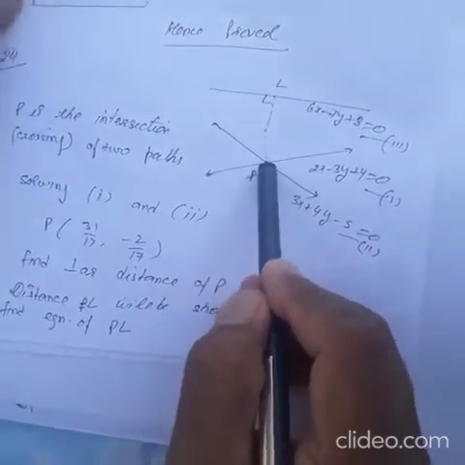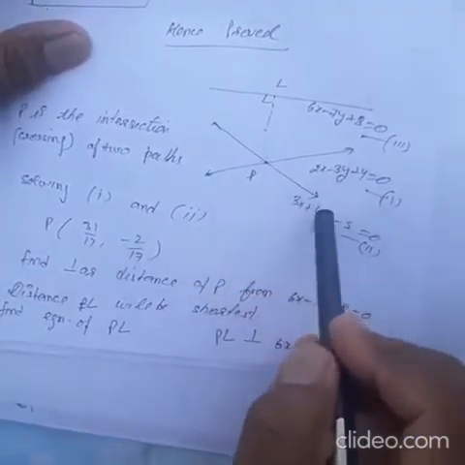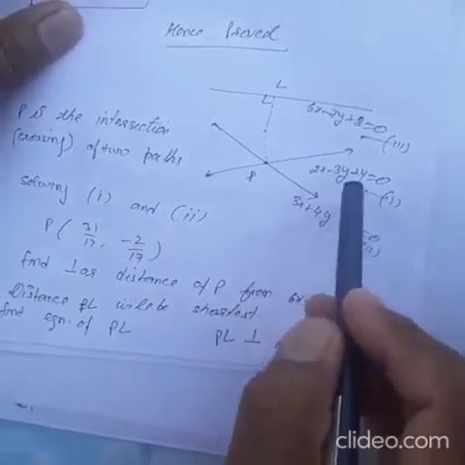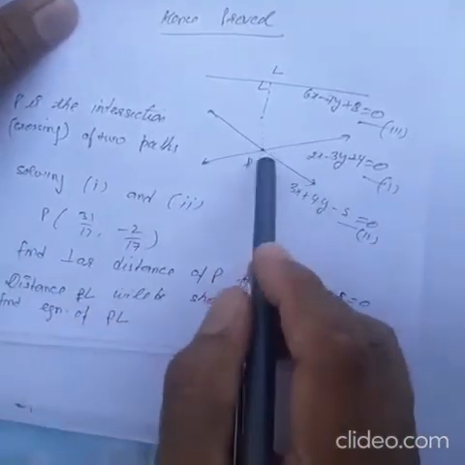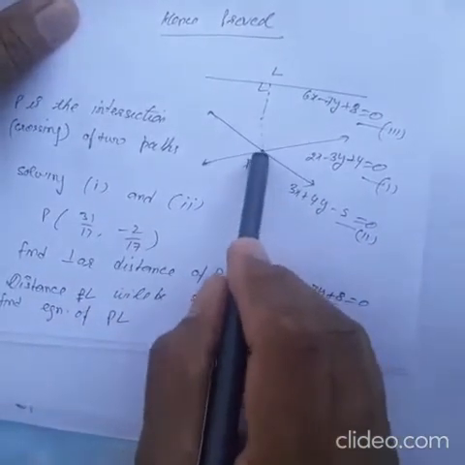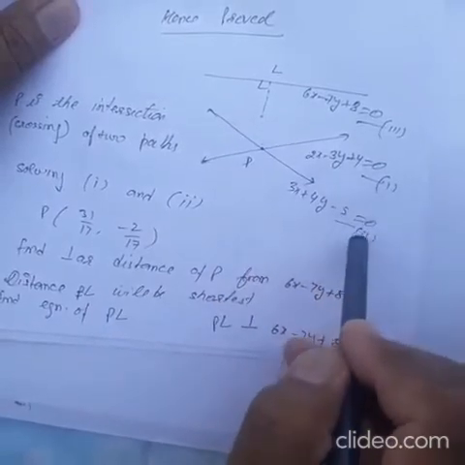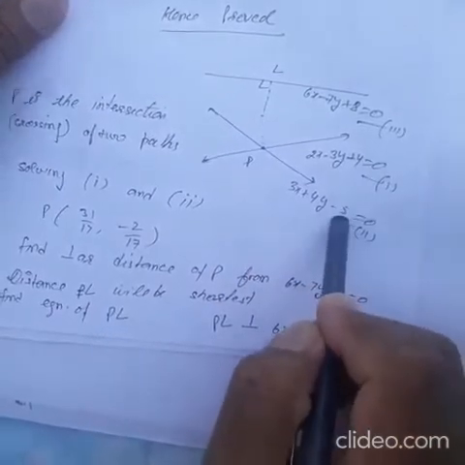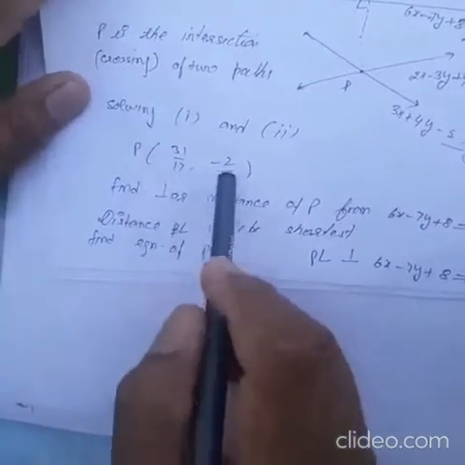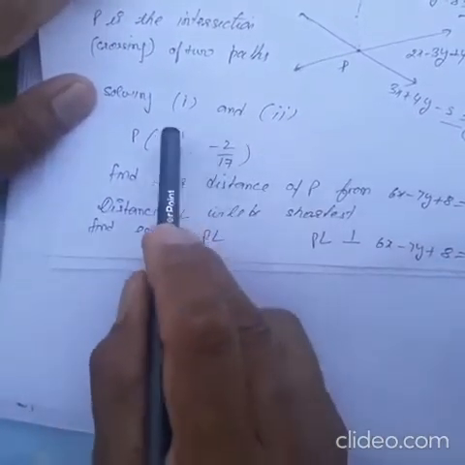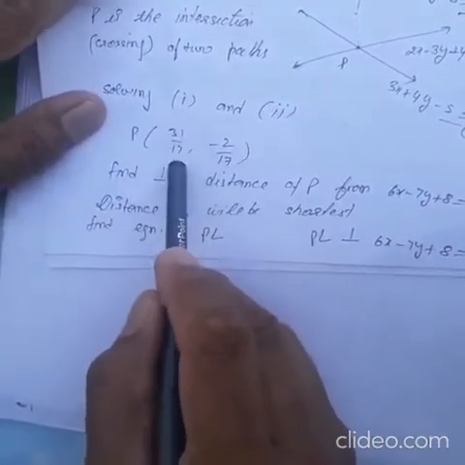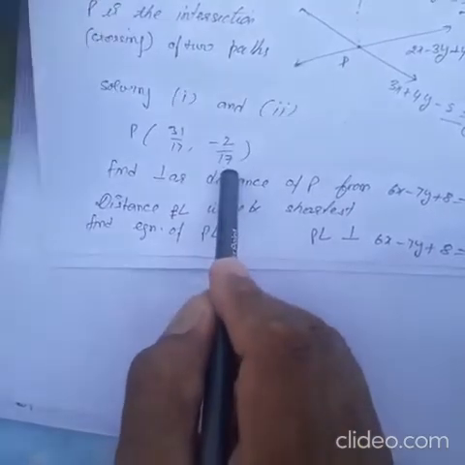So this is the point of intersection of the two roads. These two equations are given for the two roads. Now the coordinates of point P will be the solution of the first and second equations. Solve these two equations using the elimination method. So point P will be 31 upon 17 and minus 2 upon 17.